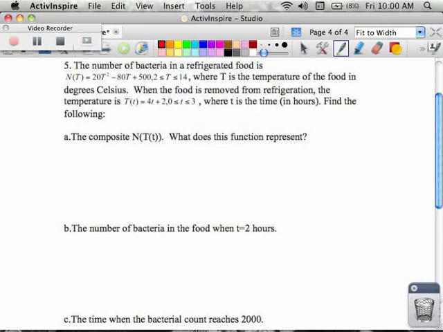If I look at this composition, what I see is that the T thing is getting shoved into the n function.